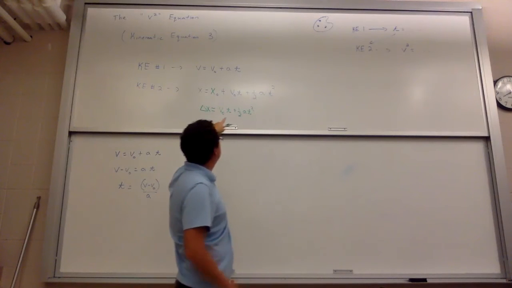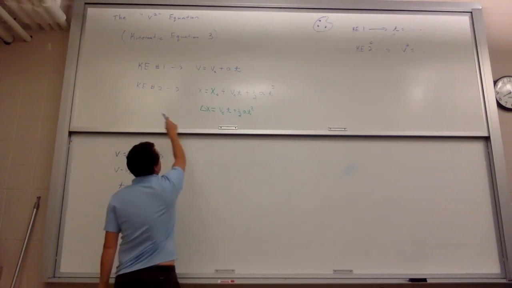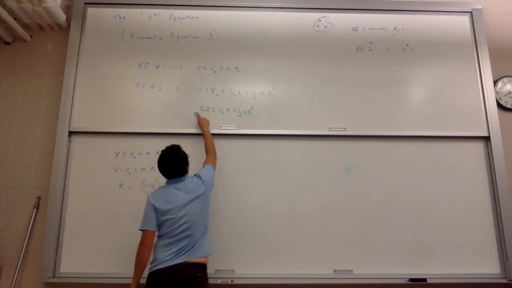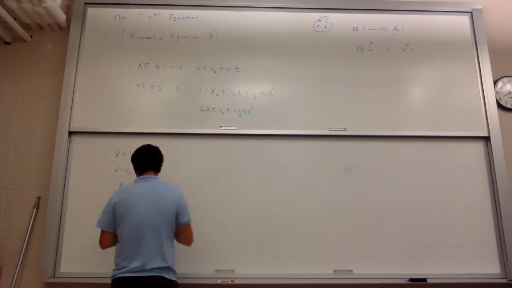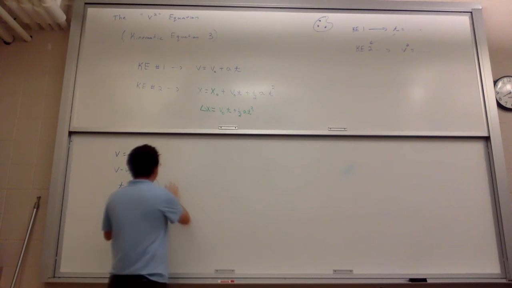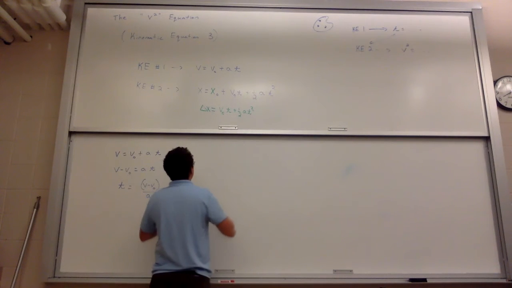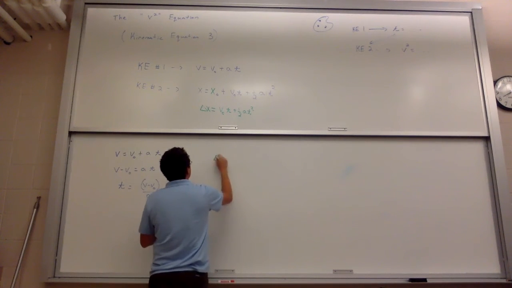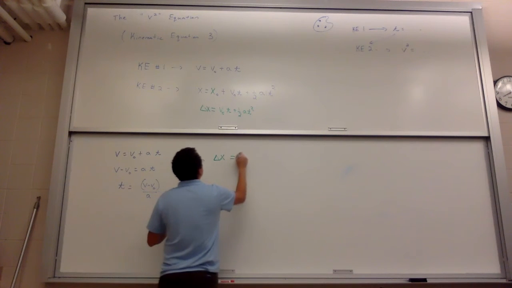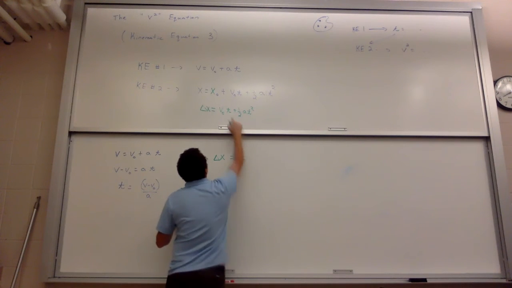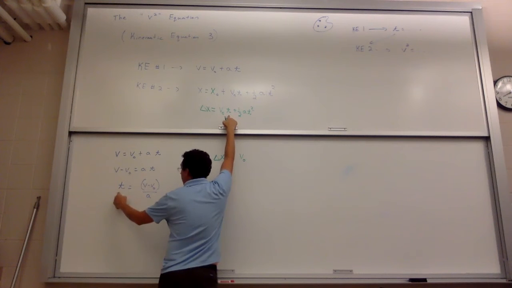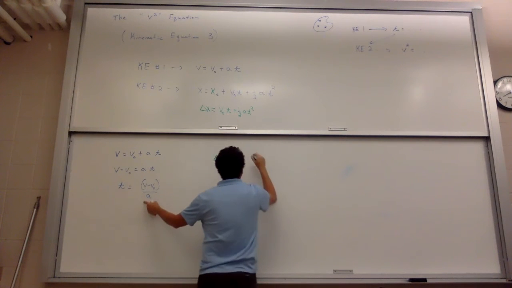Now I need to substitute that into kinematic equation 2, and I'm going to plug it into this form of kinematic equation 2. I'm going to get delta x equals v initial times time, but everywhere I have a time, I'm going to replace it with this.